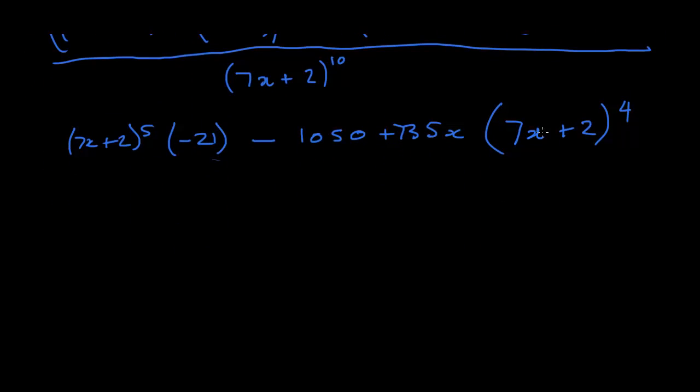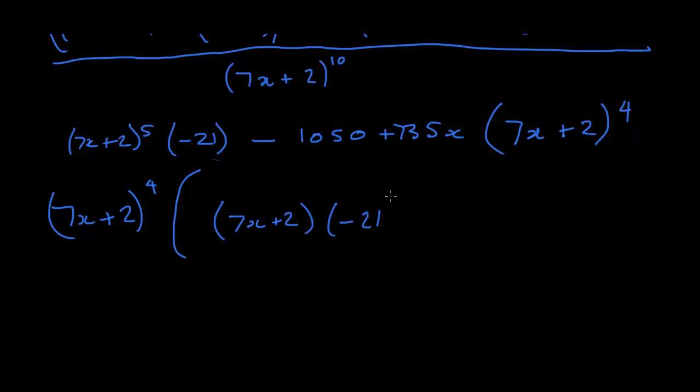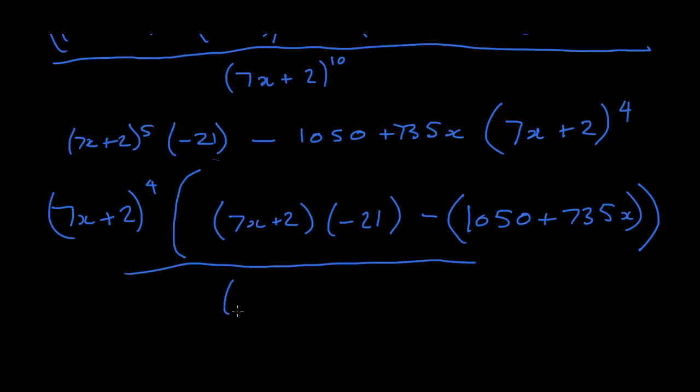We've got the (7x + 2) to the power of 4, because that's the maximum value we can take out, and then inside here all we have is (7x + 2), close bracket, then minus 21, close bracket, minus 1050 plus 735x, close bracket, all over (7x + 2) to the power of 10.